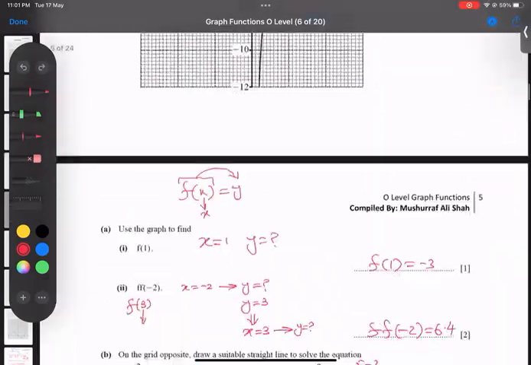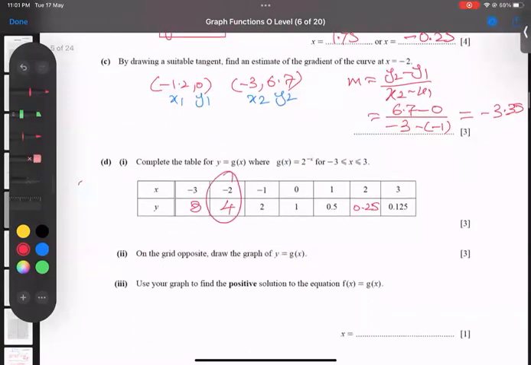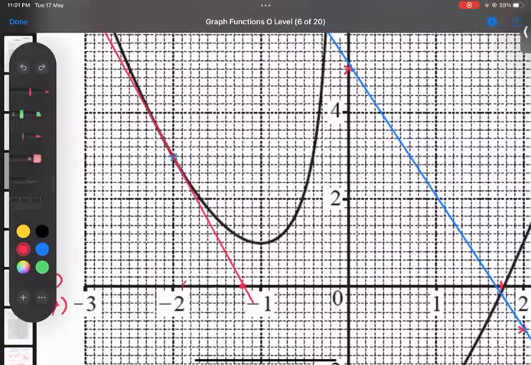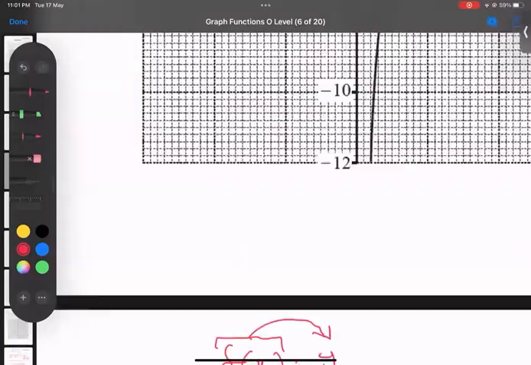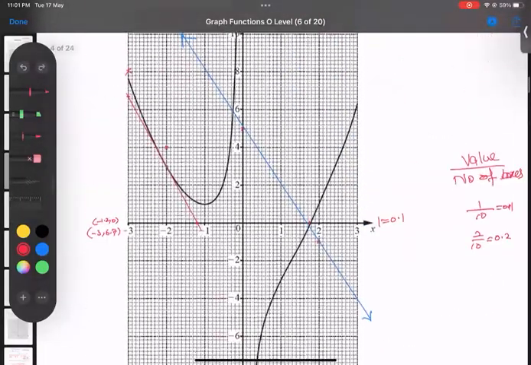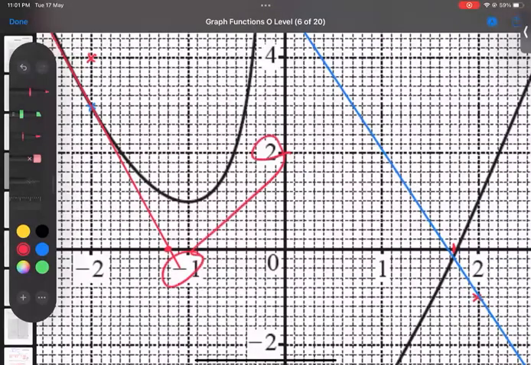Second point: x is -2 and 4. -2 from here, 4 from here. They meet here. So very, very clear. Okay, now let's see the next point. -1 and 2. X is -1, y is +2.